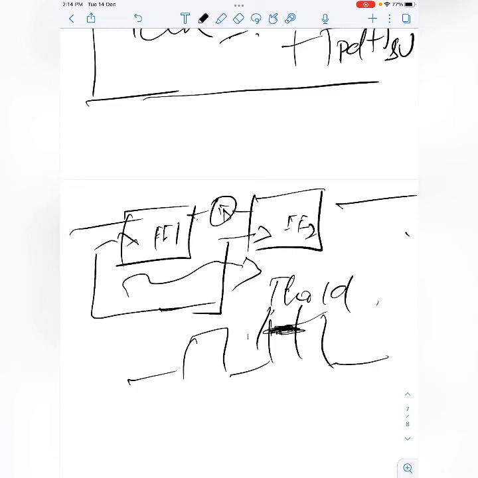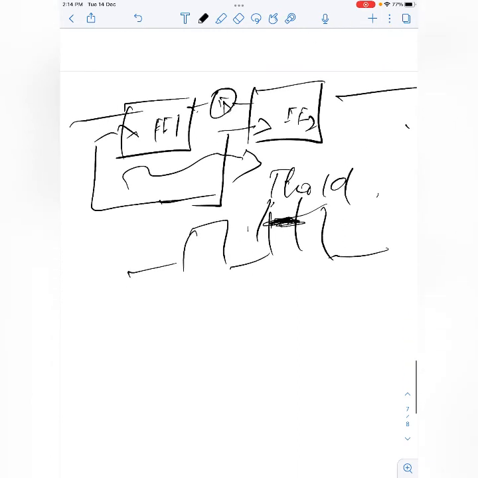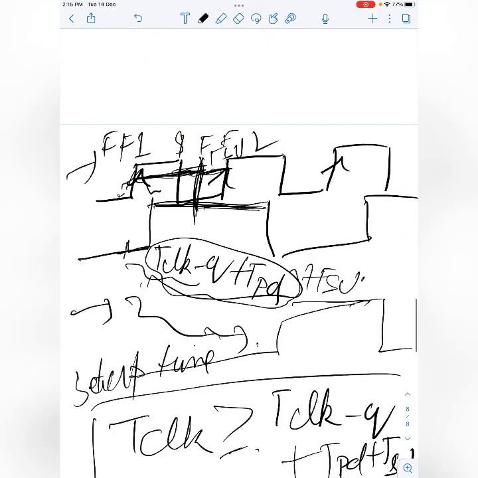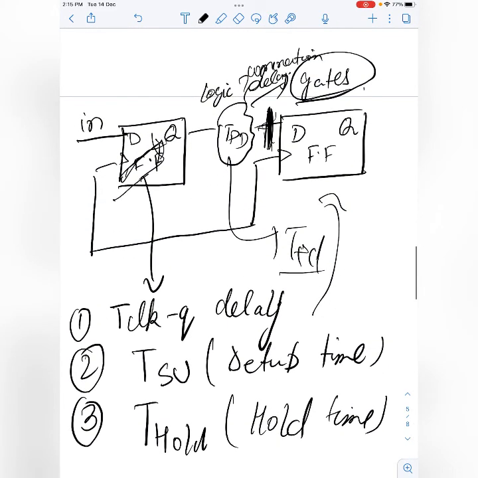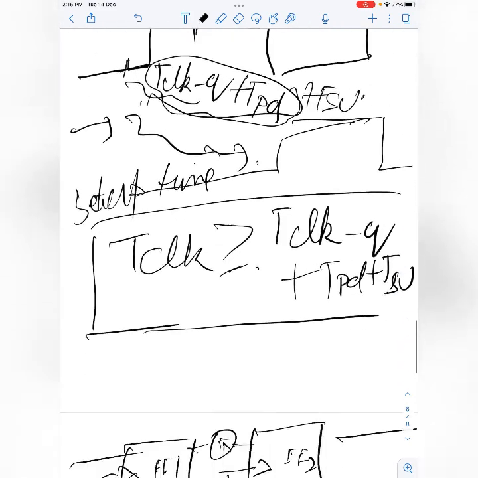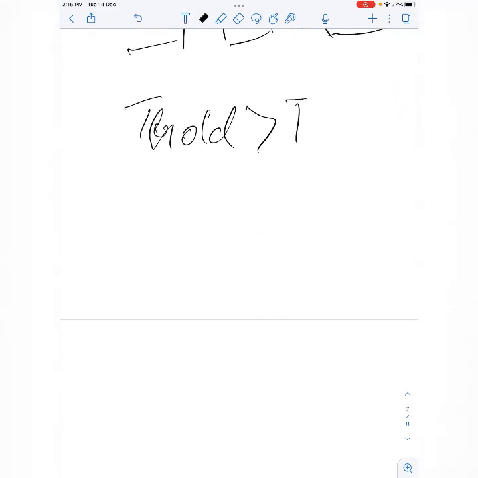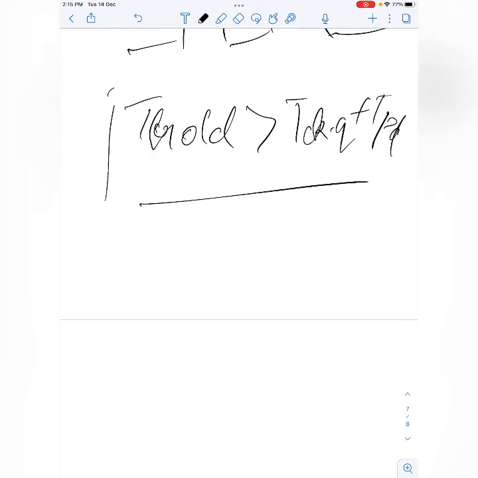There are already some delays, and we are trying to push a new input before processing of the previous input, it will lead to metastability. You got it? So what should be the T hold value? It should be greater than how much time the previous input takes. It takes T clock to Q plus TPD to propagate, right? So T hold is greater than T clock to Q plus TPD. So this is the whole time equation.